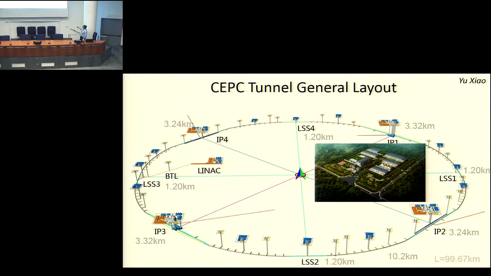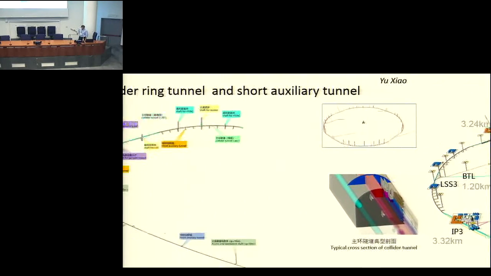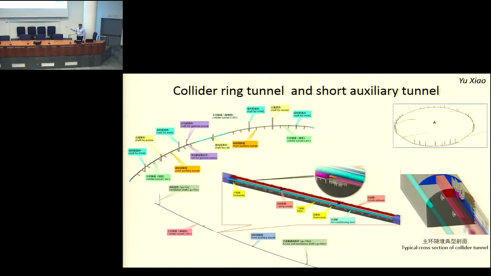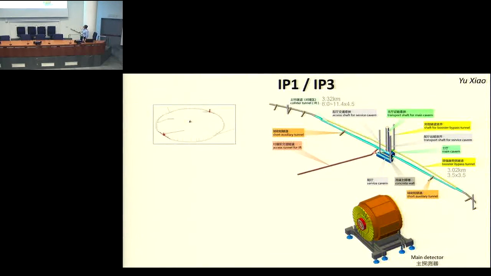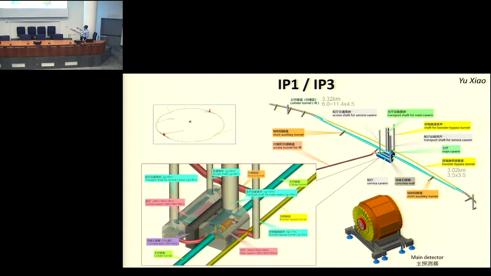These are some tunnel schematics and some surface infrastructure for the buildings. And this is the collider ring tunnel, and the shelter auxiliary tunnel schematics. And this shows some IP tunnels and the detector locations.